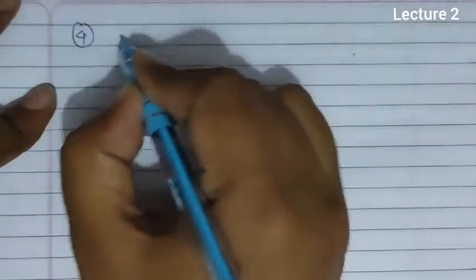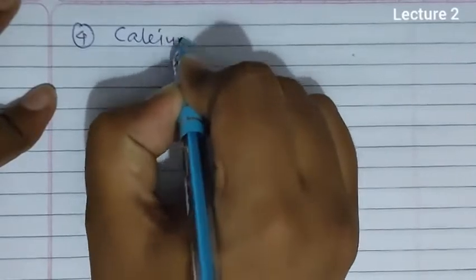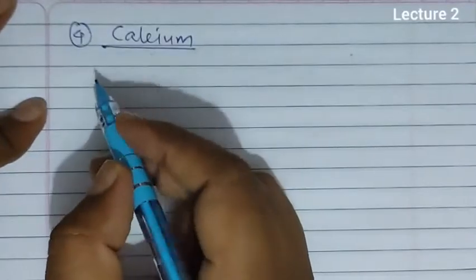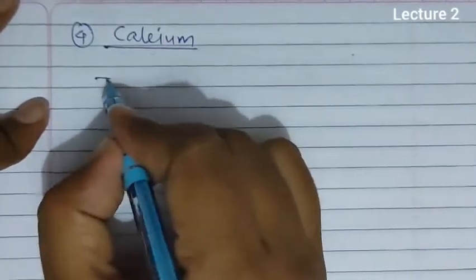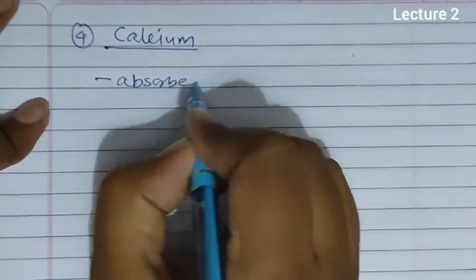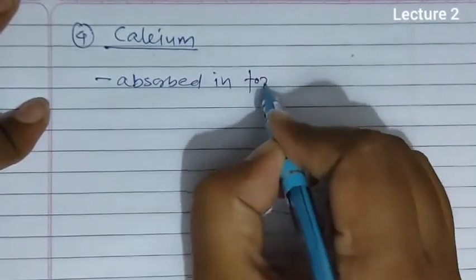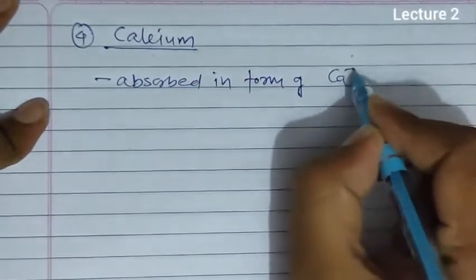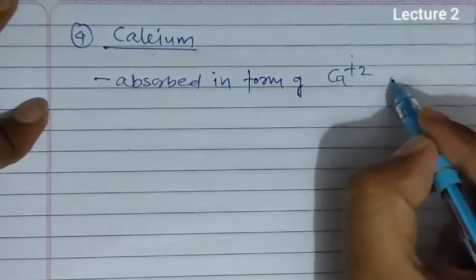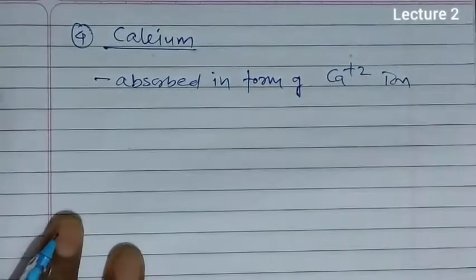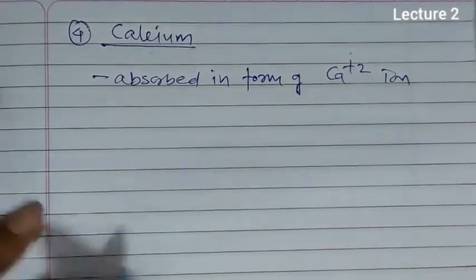Next we talk about the fourth element, that is calcium. Calcium is absorbed in the form of Ca2+ ion from the soil.